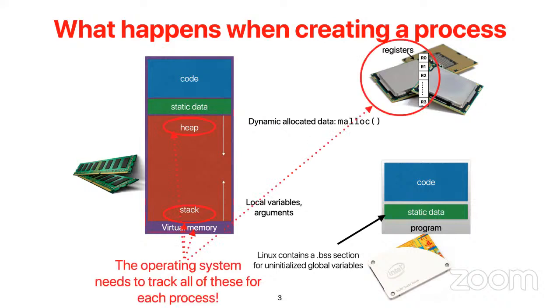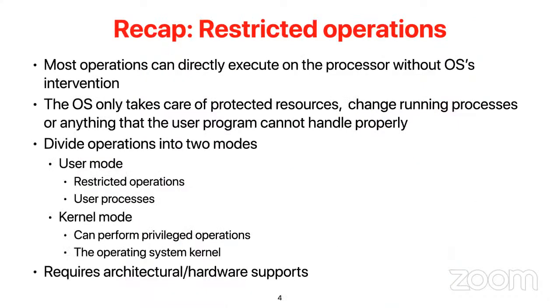And the operating system, as we said, provides a virtualized view, or say an illusion, that you own this kind of machine. So the operating system needs to track all of this for each process. However, as we mentioned, if we really want to track everything, then it's really slow. So the architectural support is that we divide the operations into user mode and kernel mode.